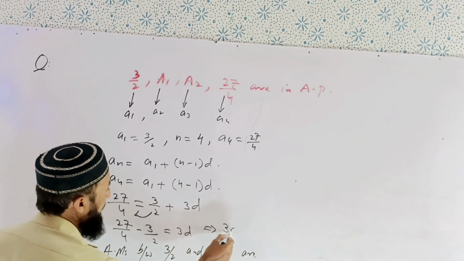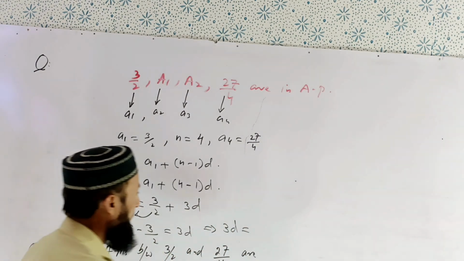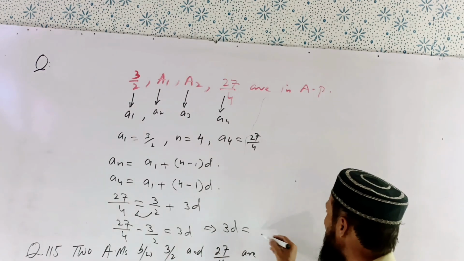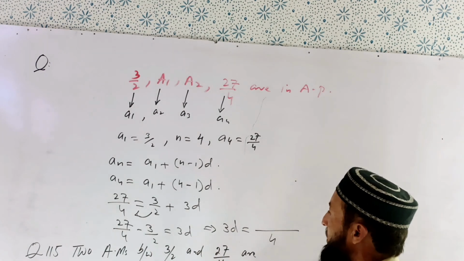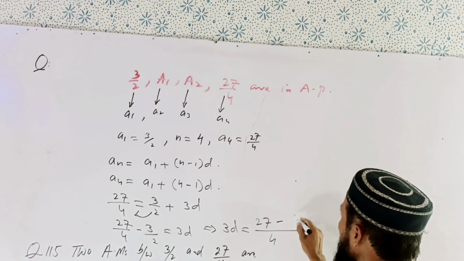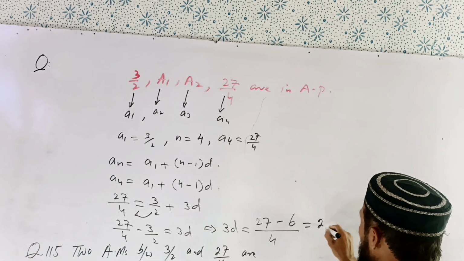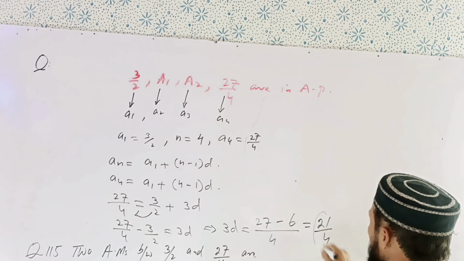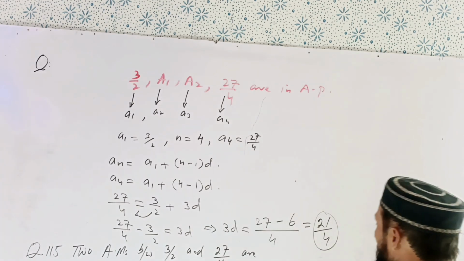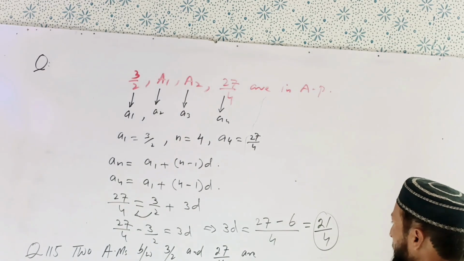Taking 4 as the LCM, 27 minus 2 multiplied by 2 gives 6, so if we subtract this value we get 21 divided by 4.